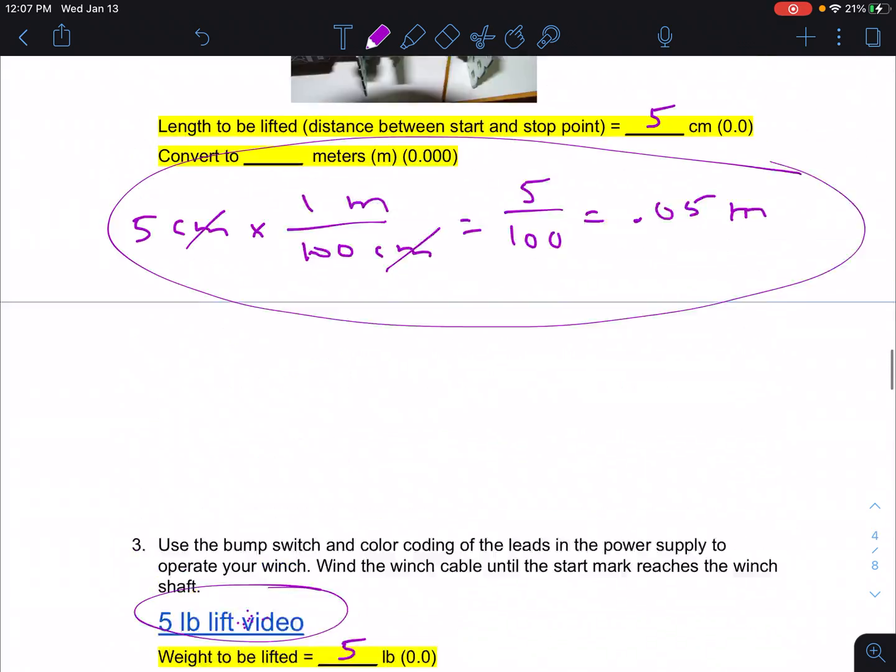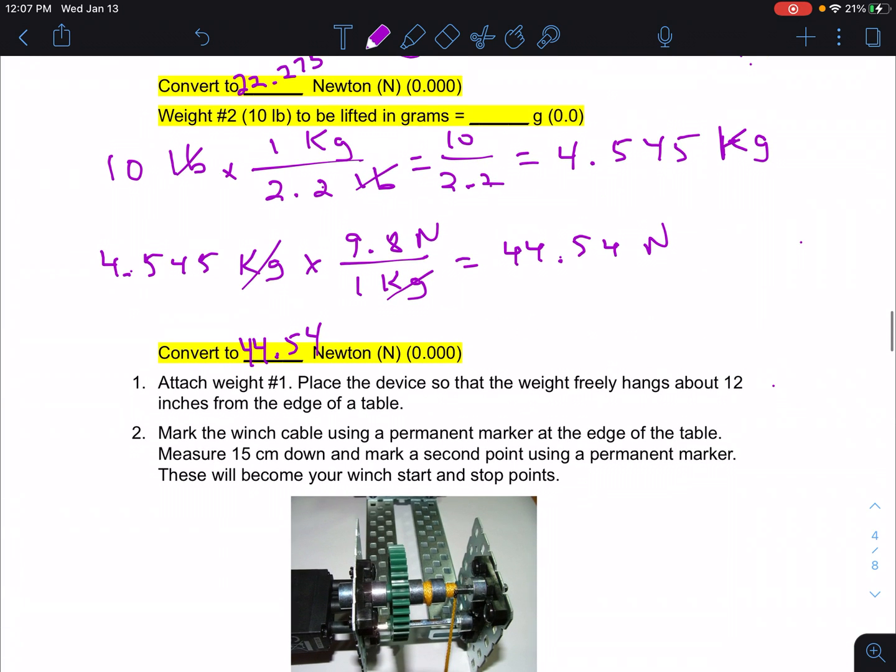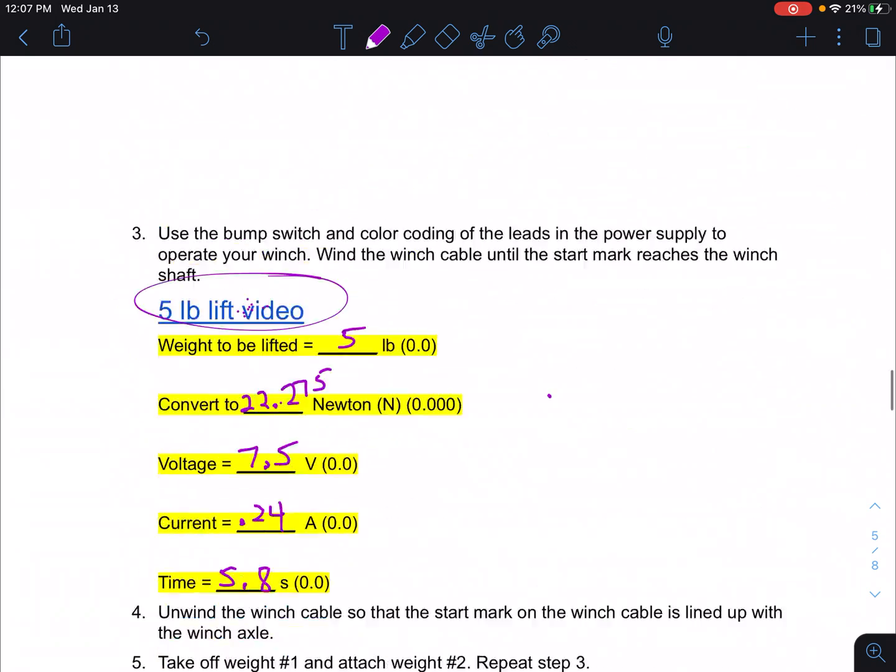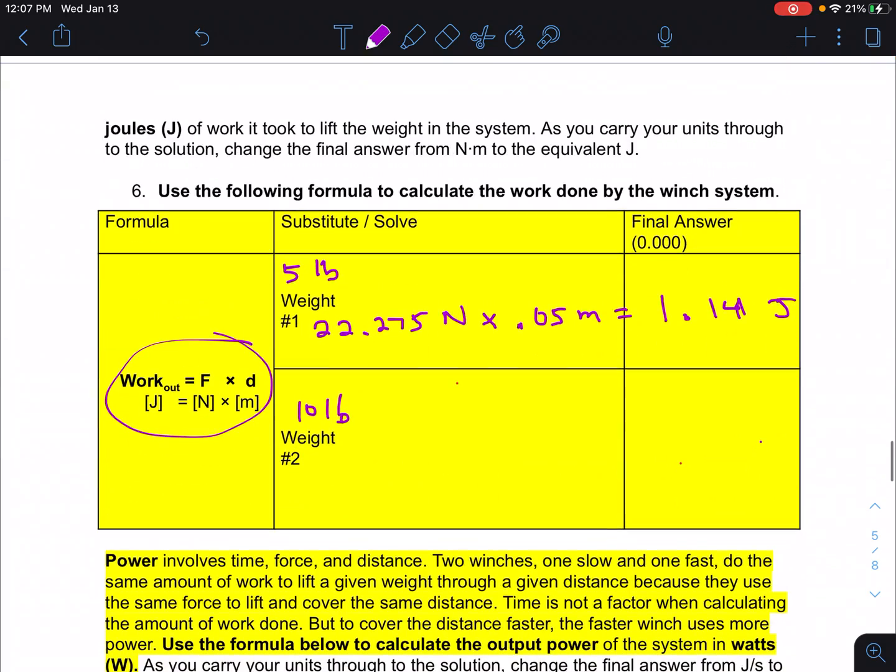Right here is our force, 44.54. So we are going to go 44.54 newtons times our distance.